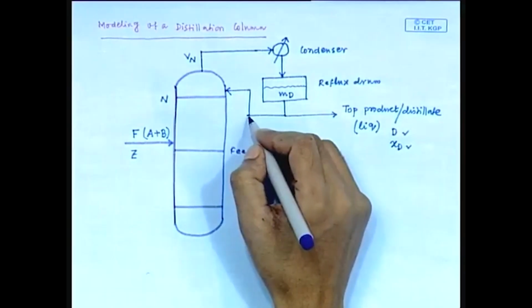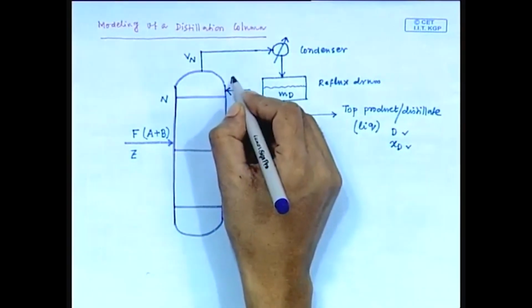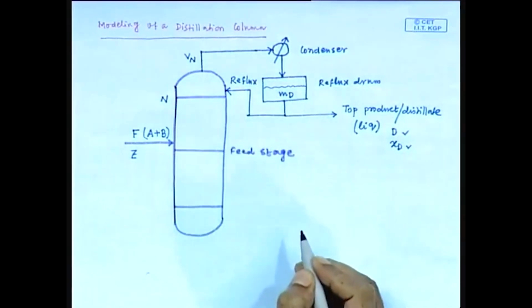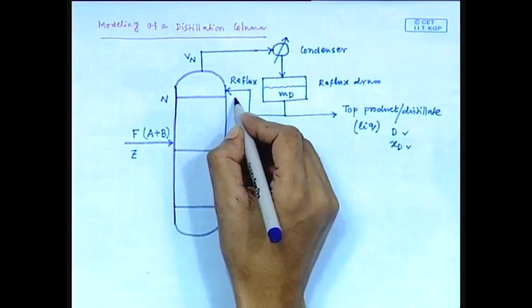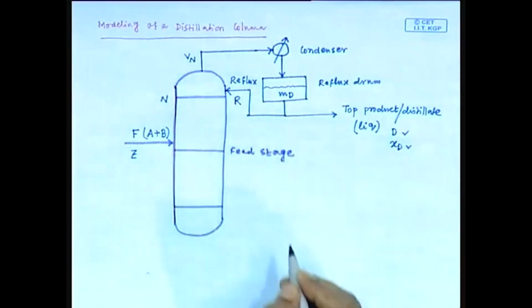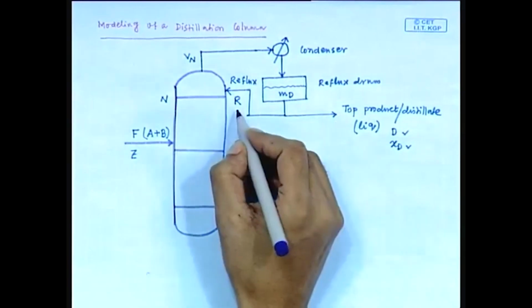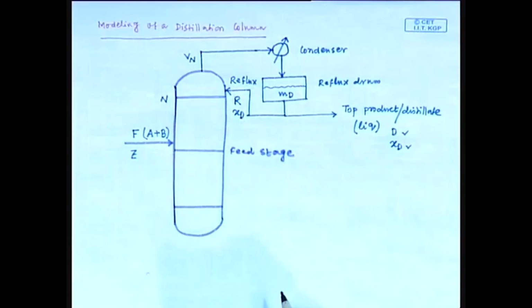This stream is called reflux stream. This reflux stream has the flow rate of R and composition is same with the distillate stream, I mean the composition is XD. Fine.